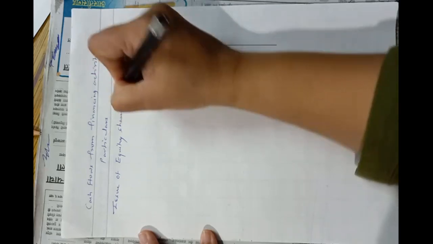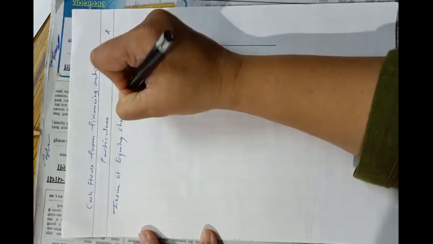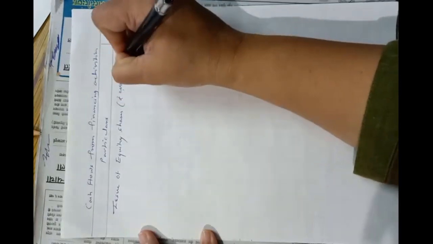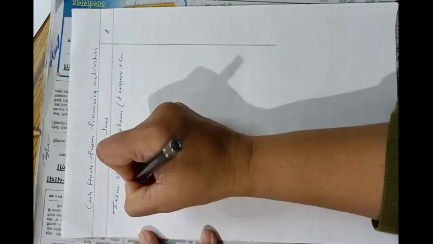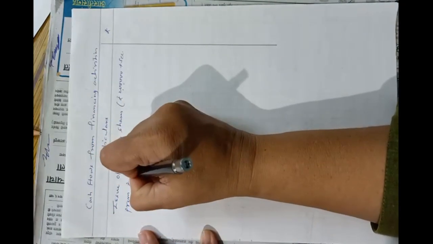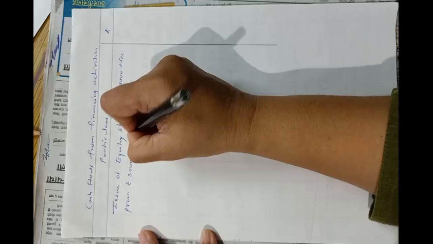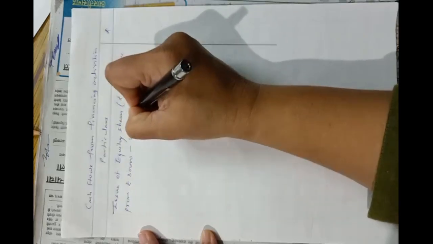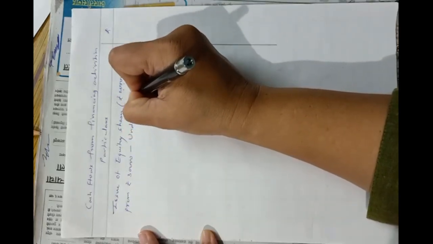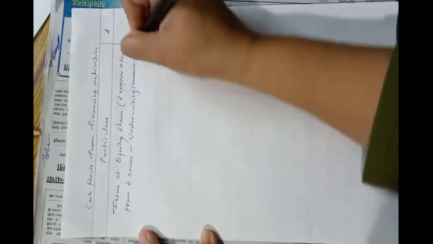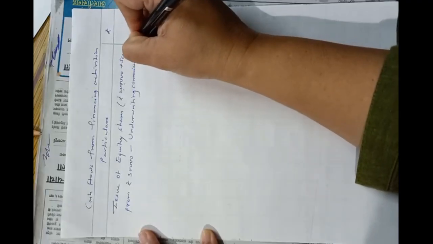I will write in brackets rupees 2 lakhs, the amount of issue of shares, plus security premium rupees 30,000, and minus underwriting commission rupees 10,000.